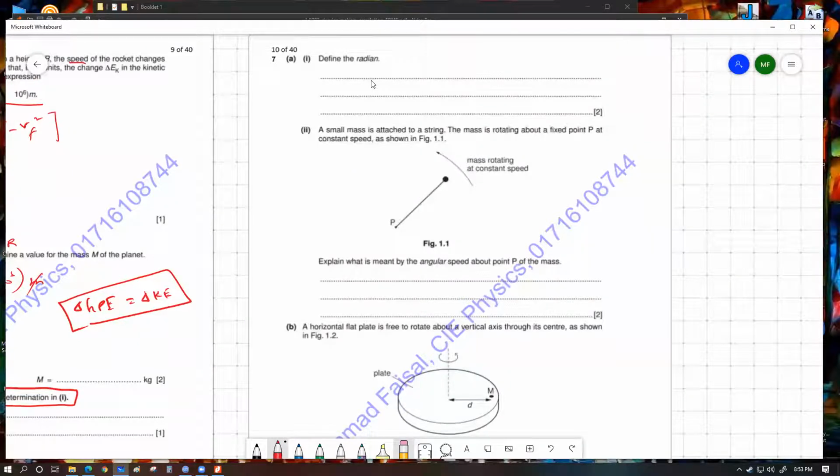Define the radian. I did not teach you the definition of radian because I assumed that you know how to define the unit of angle, radian.